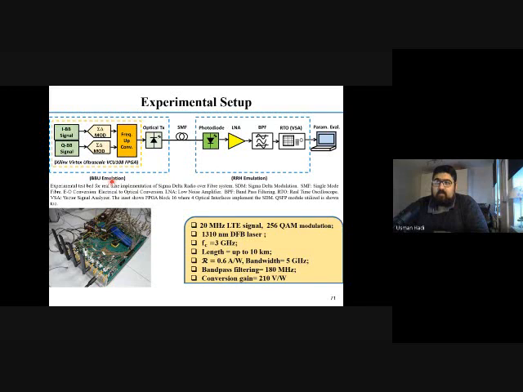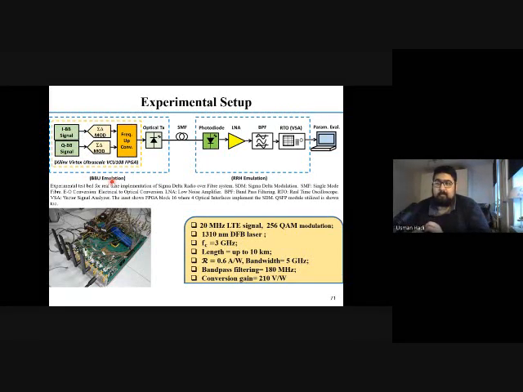The idea was that this is a new technology, sigma delta radio over fiber, and you have to prototype it as a standalone system. So you cannot have signal generators and analyzers and everything with the application where you have to implement it. So you just have an embedded system, RTOS or whatever.